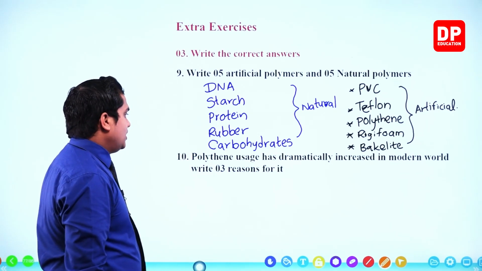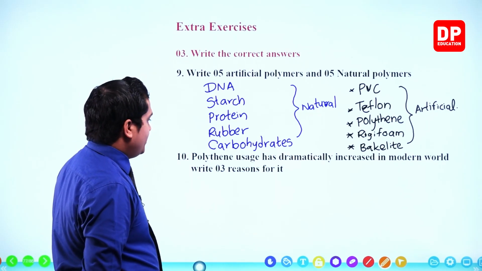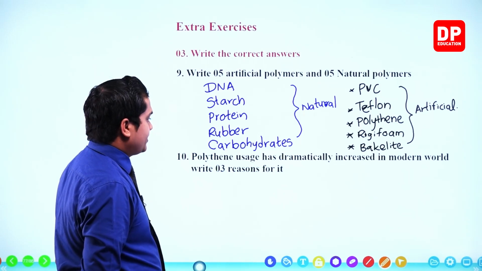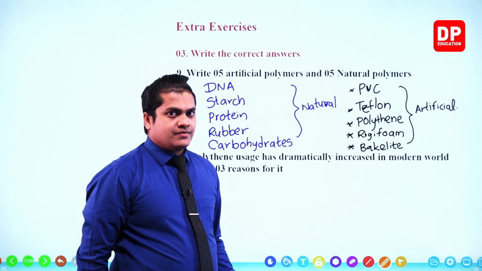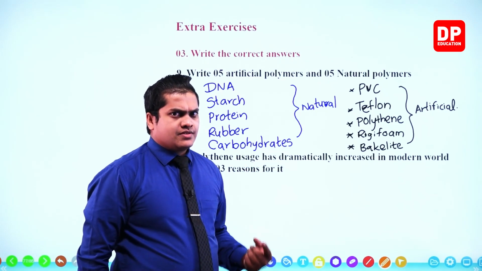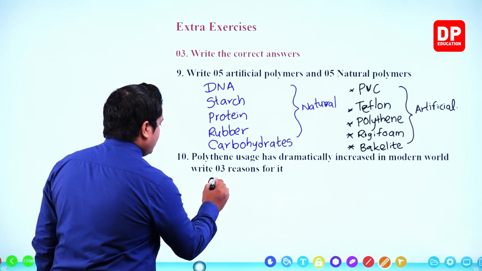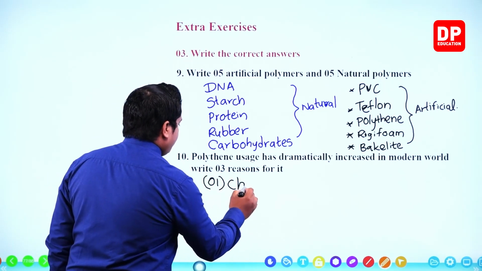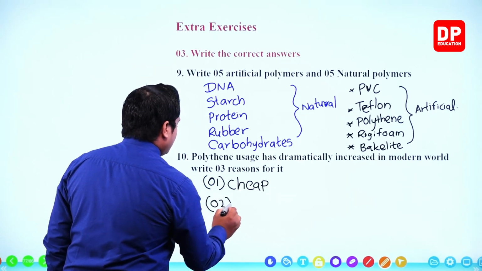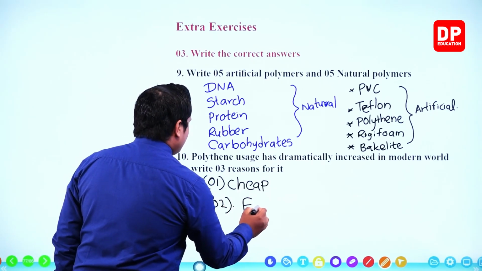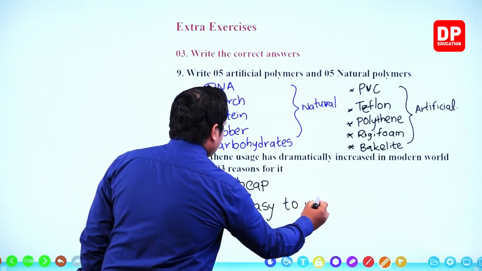Right, next one. Polythene usage has dramatically increased in the modern world. Write 3 reasons for it. Why has polythene usage dramatically increased? Mainly because of these reasons. Number 1, the cheapness, right? Cheap. Number 2, ease of use, or easy to use.